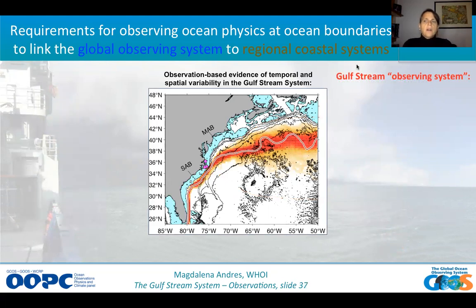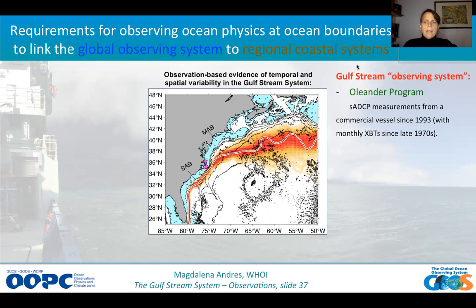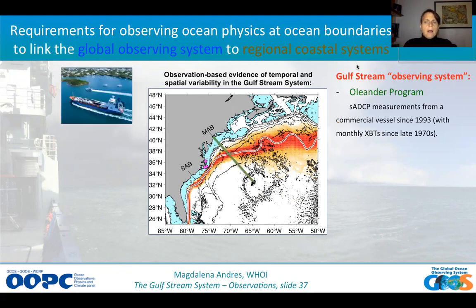So in terms of a Gulf Stream observing system, there isn't really a single coherent system, but there are components that together might be thought of as a system. The Oleander program is a long-running program where a commercial vessel is outfitted with a shipboard ADCP that measures velocity profiles beneath the ship as it does its weekly round trip between Bermuda and New Jersey.